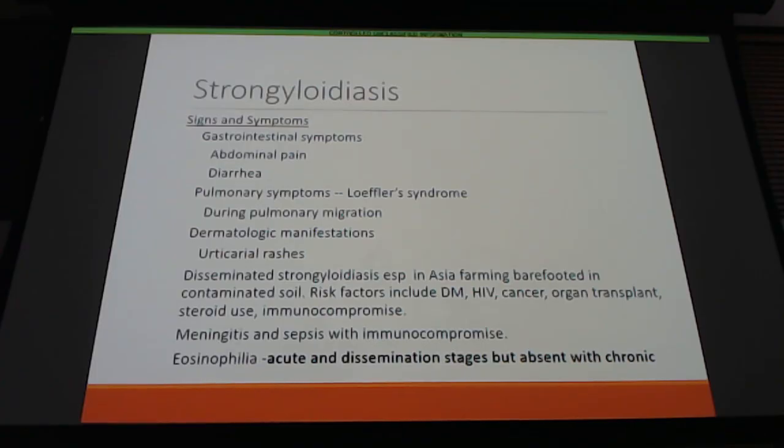Those people are also at high risk, and there's not much fight that your immune system puts up against this. Here it's telling you eosinophilia is present in the acute and disseminated stages, but absent in the chronic stage, because in the chronic stage it's already just hanging out in your intestinal tract. If it's just hanging in your intestinal tract, then generally you're not going to get too much eosinophilia unless you end up with an overwhelming burden.